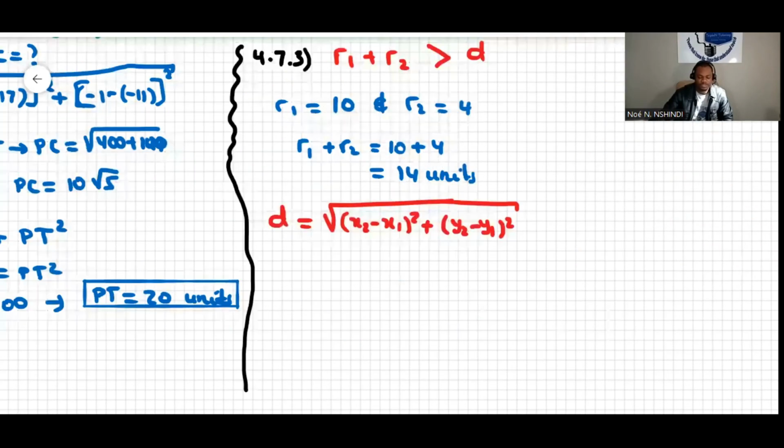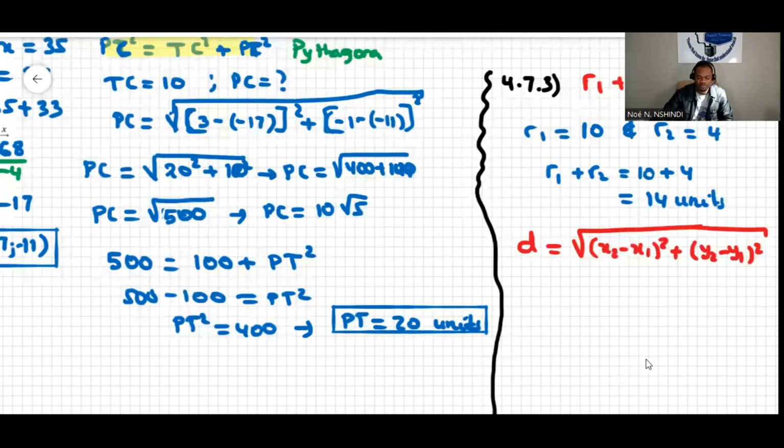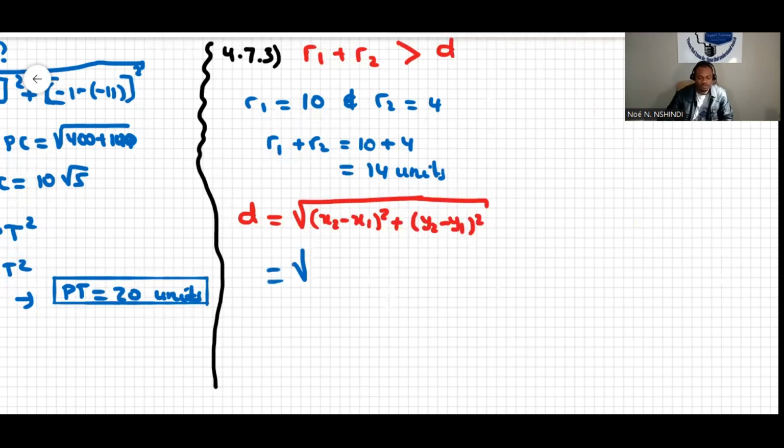The center of the first circle is given by 3, -1. So this will be the square root of open bracket 3 minus 3 close bracket to the power of 2, and then the y is -1 minus 16 to the power of 2.